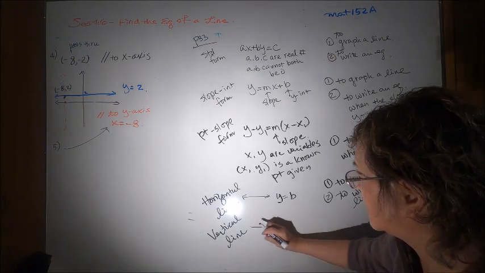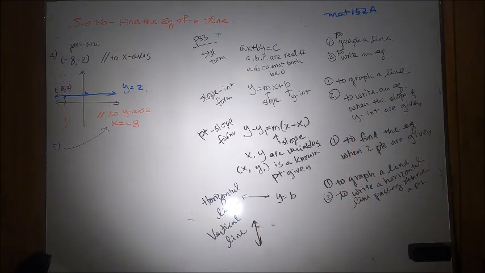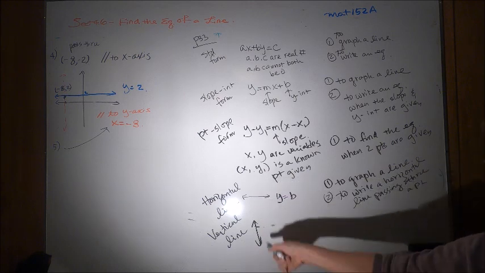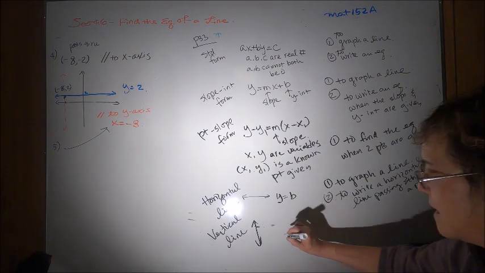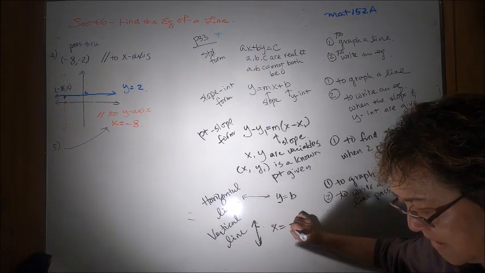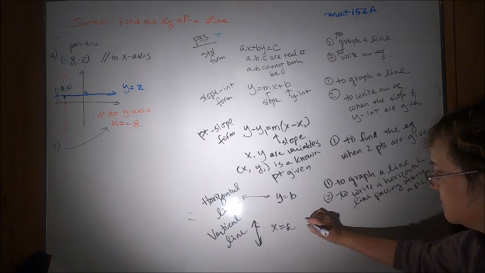For the vertical line, y is running free, right? Any number, so you don't have y, and you have x equals a number, right? What do we use it for?